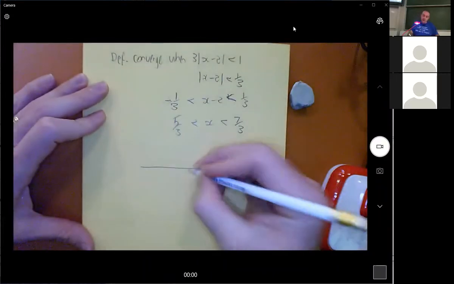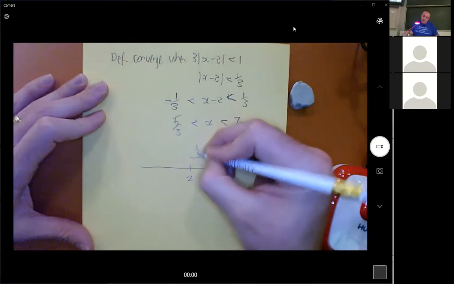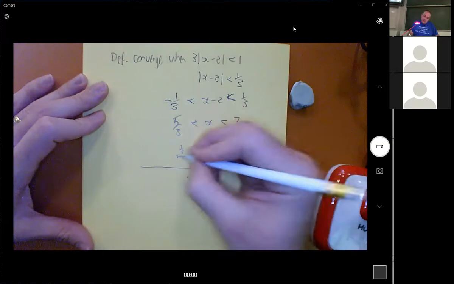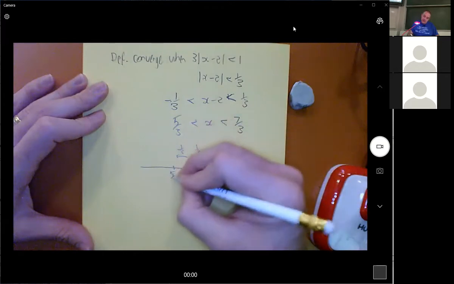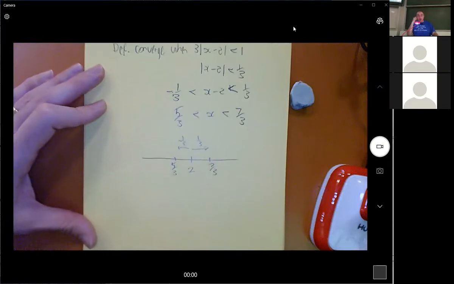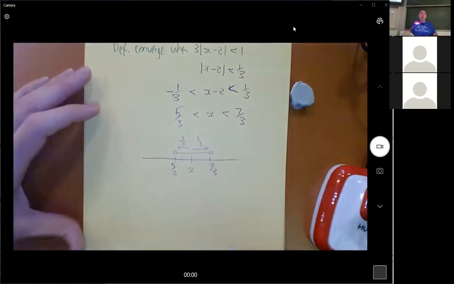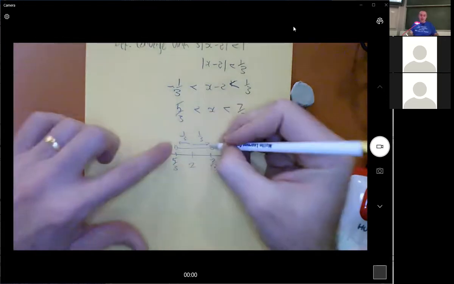And the picture here is that here is the center, which is 2, and we go up a third and down a third, and the answers are 5 thirds and 7 thirds. So it definitely converges everywhere in there. What we don't know about is what happens at the edges.